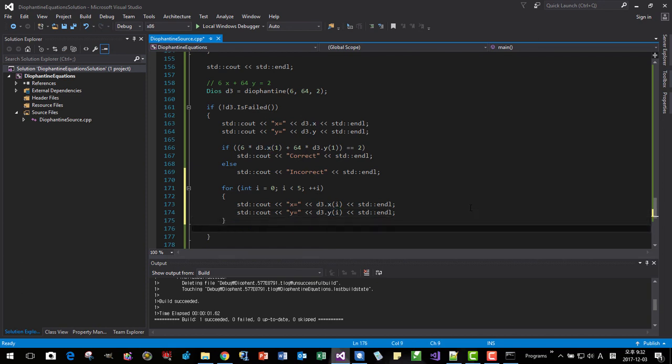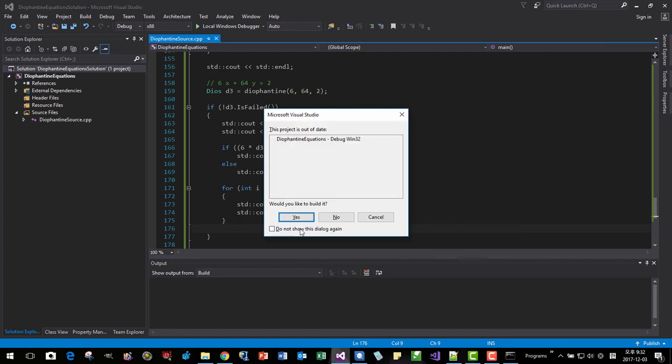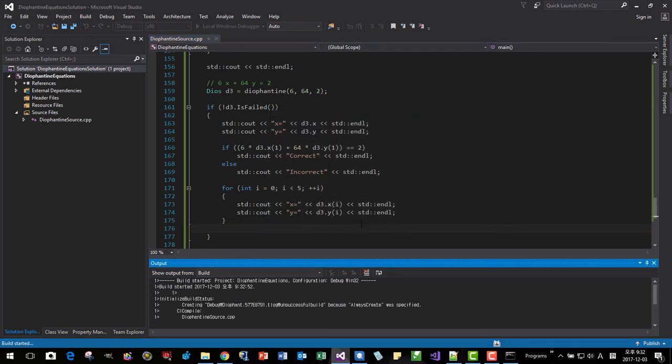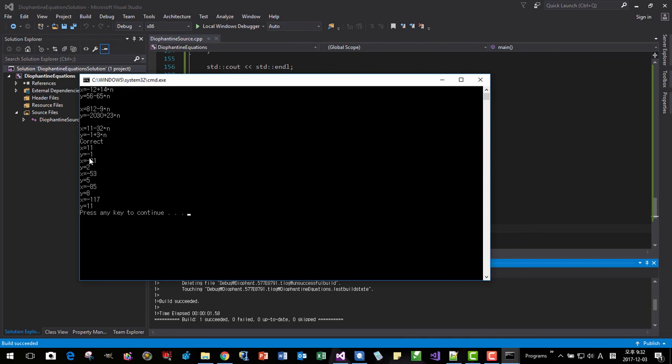Then we can display multiple solutions. See, this is the first solution, second, third, fourth, fifth.